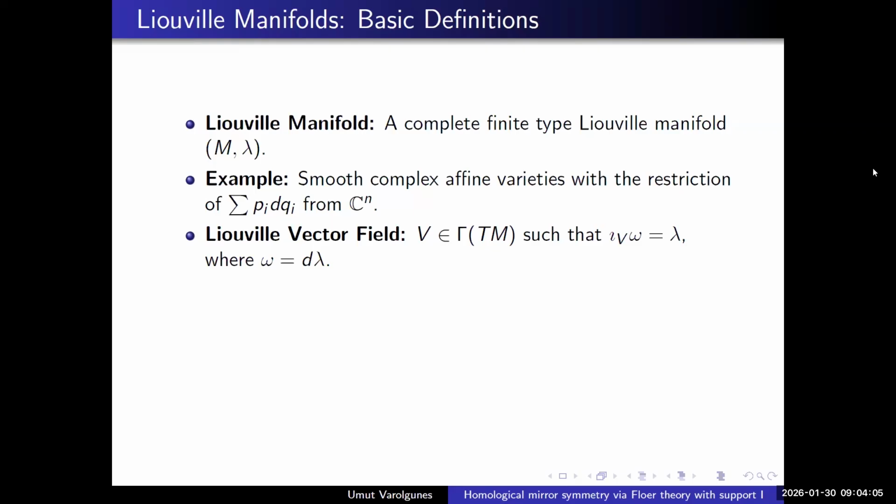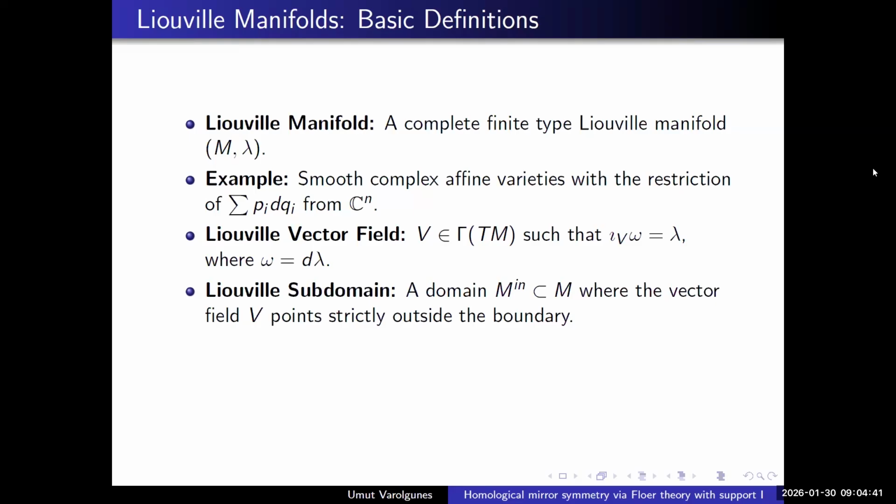Yeah, let's take the symmetric one, pdq minus qdp. That's better, the radial one. So it's the standard radial Liouville vector field: you have the standard symplectic form on Cn, and you take the radial vector field as your Liouville vector field.